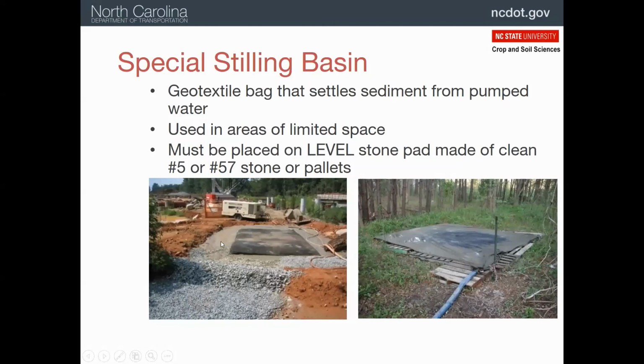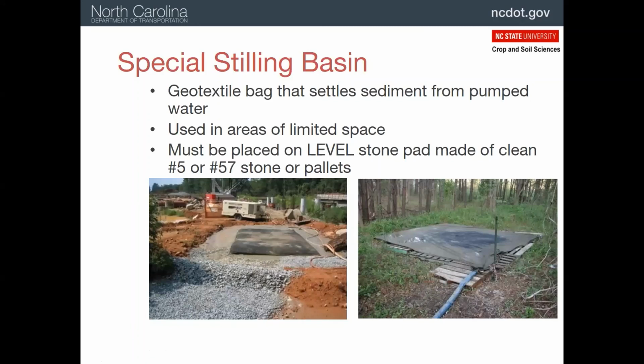So here you can see the pad of 57 stone that's been put out, and make sure this area is level. That's really important, otherwise that bag might roll. Another option is to use some pallets as something to lay that bag on. And what we're trying to do with both these cases is create a stable environment for the bag, but also allow the bag to drain out the bottom as well as the top and sides.